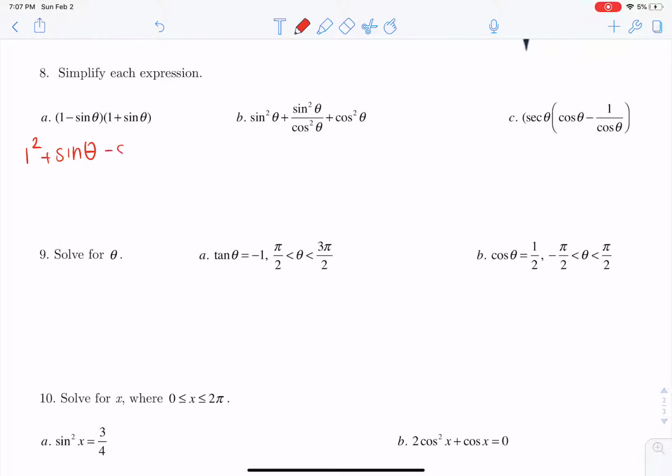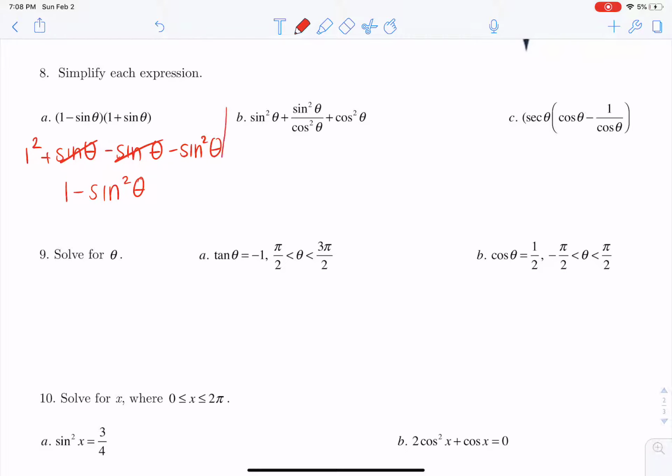Here I'm going to get minus sine of theta, and then minus sine squared theta. So these two pieces will simplify each other out, and I'm left with 1 minus sine squared theta as my answer there. So just as we're simplifying each expression.